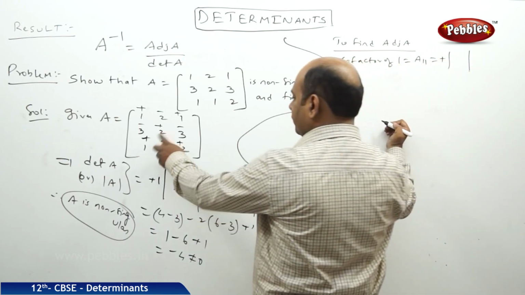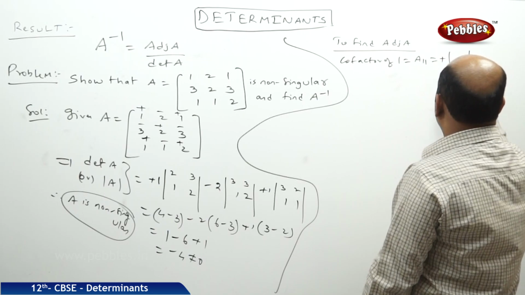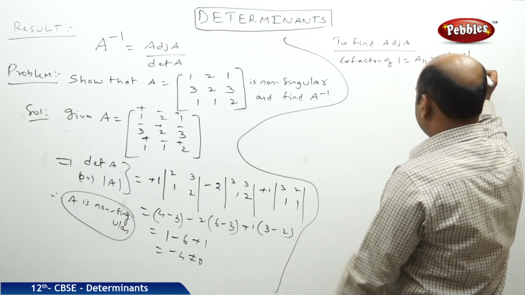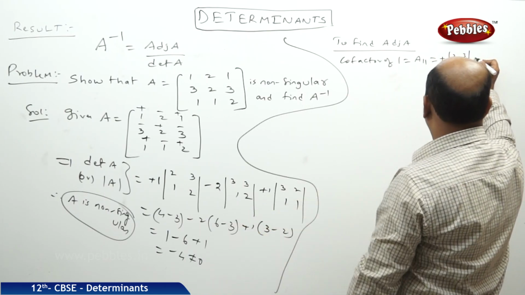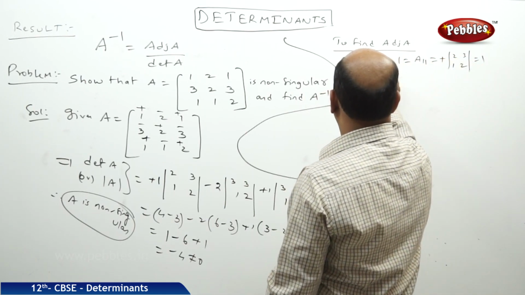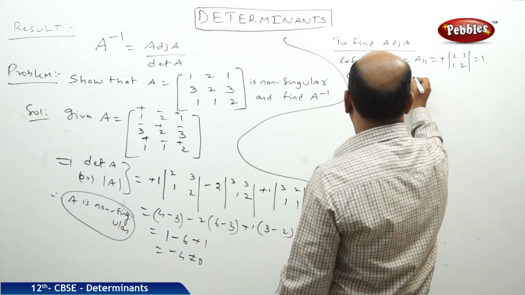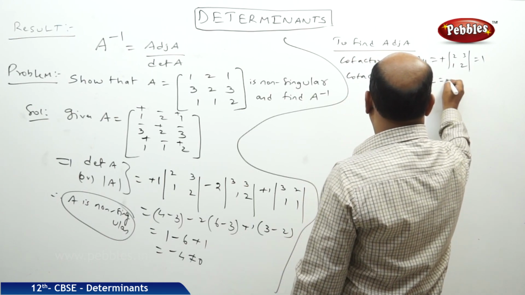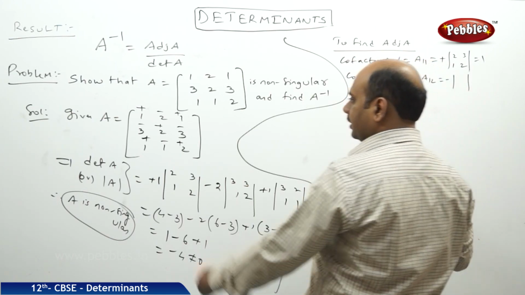Into its minor means 2 3 1 2. Just now we have done 2 3 1 2, it is 1. And cofactor of 2, that is A12, is equal to minus into its minor.